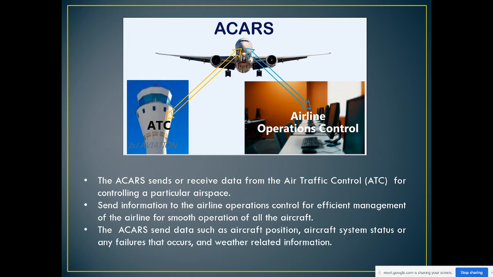Ryan, can you put the previous slide? Thank you. What's the difference between the air traffic control and the airline operation control? Are they receiving the same data, such as the aircraft position, system status and any failures, from the aircraft during flight? I think they have the same information, such as the aircraft positions and the weather or any failure from the aircraft. Okay, thank you.